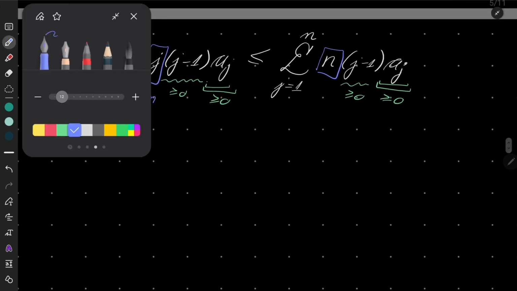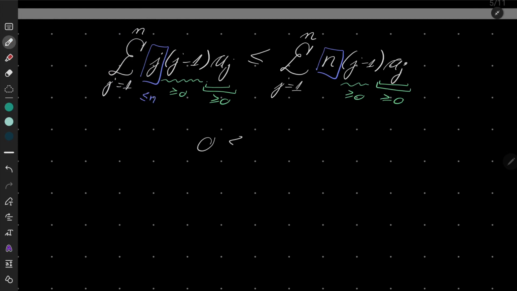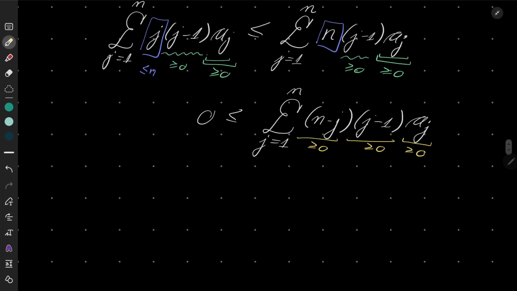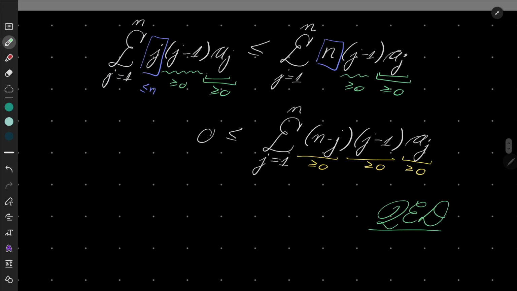Or more explicitly, if you are not convinced, you can put everything on the right-hand side and write it as (n minus j) times (j minus 1) aj. And now every term of our sum is non-negative, so our inequality is in fact true. So this inequality is satisfied, and this inequality was equivalent to our stated inequality at the beginning of our problem.